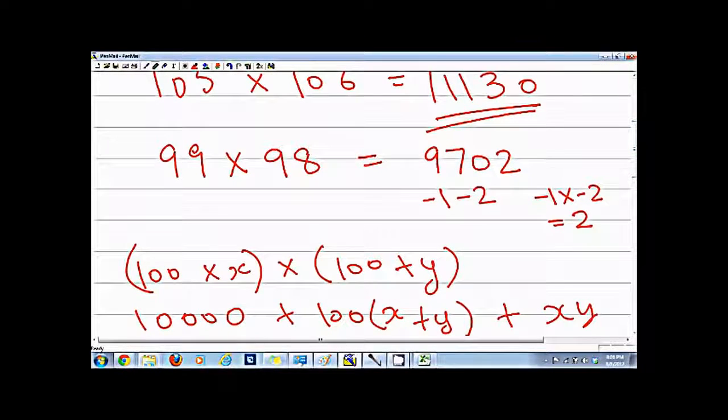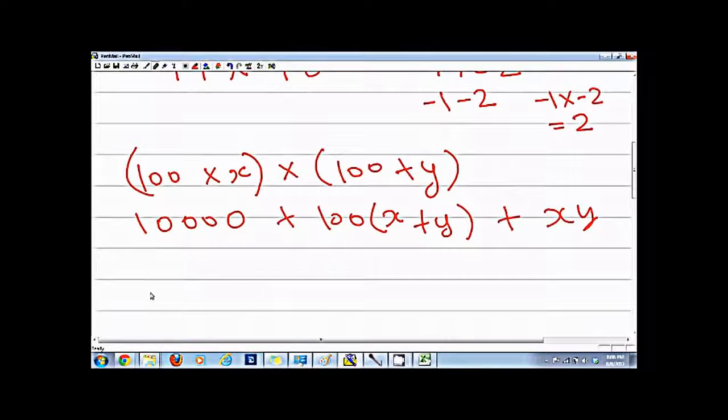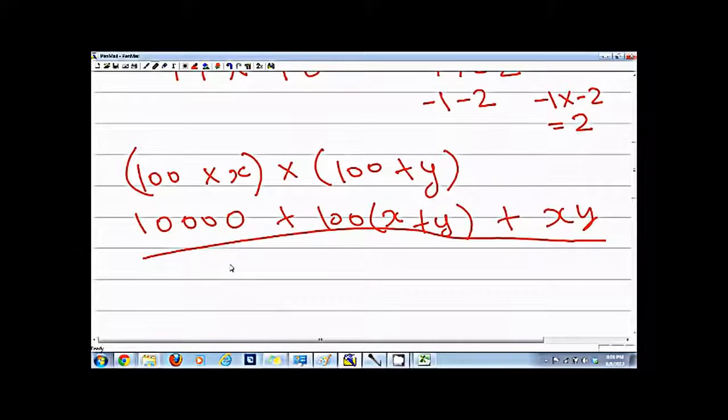If you look closely at this equation, my trick was very similar to it. I was adding two numbers together and then multiplying two numbers together. However, when I add the numbers together, I add them in the hundreds place, and when I multiply them together, I add them in the ones place.